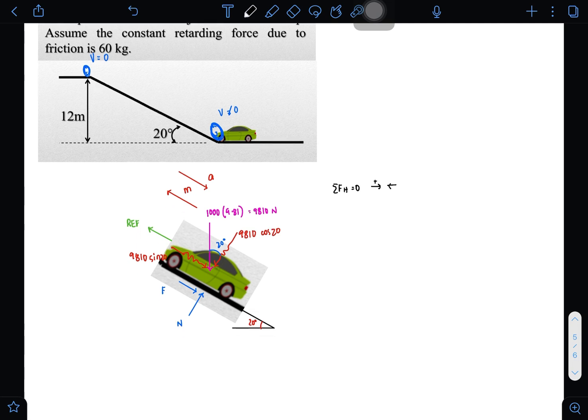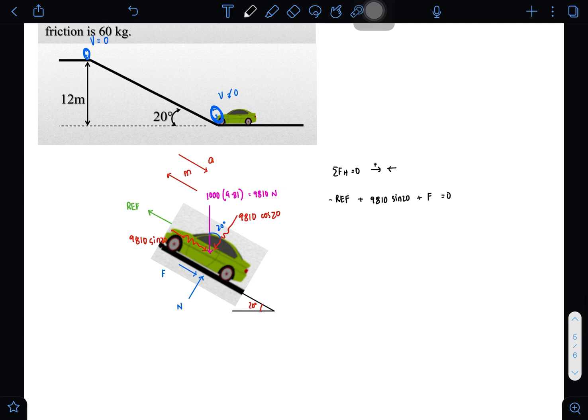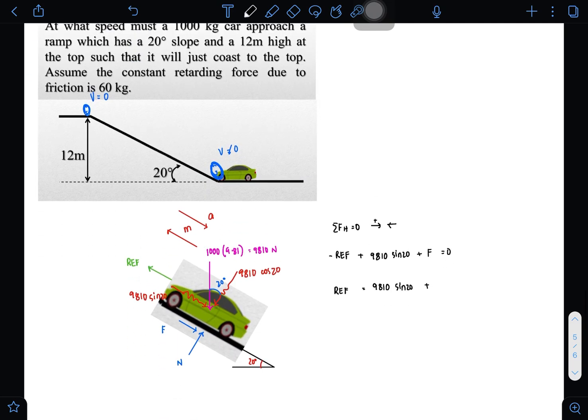So what we have is the resultant force minus, then plus 9810 sine of 20, and then plus the F, and that's equal to 0. So we're gonna transpose this. It will become positive, and this is 9810 sine of 20, and how much is F? 60.